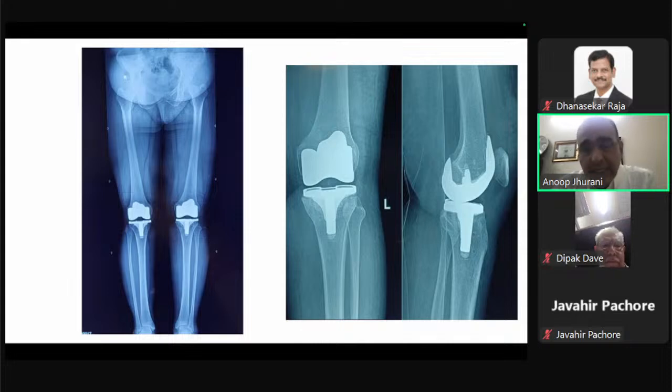And surprisingly, you will be surprised, and so was I, but now having practiced KA for the last 3-4 years, the patellar tracking is beautiful. And the reason is that you are actually not lateralizing the femur and your Q angle is maintained. So it's another misconception that femur external rotation facilitates patellar tracking. It does not.